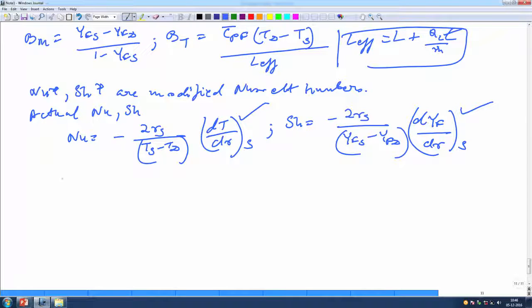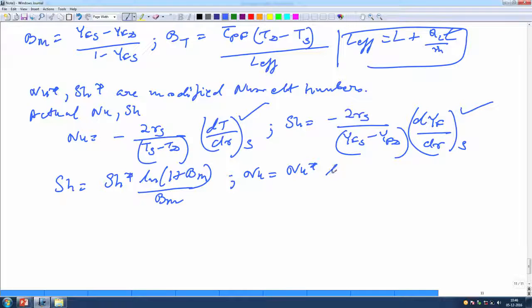Okay. So, these two Nusselt numbers and Sherwood numbers are linked with each other, the modified and the actual, and this Nusselt number is given as Nusselt number star ln 1 plus Bt divided by Bt. Okay.